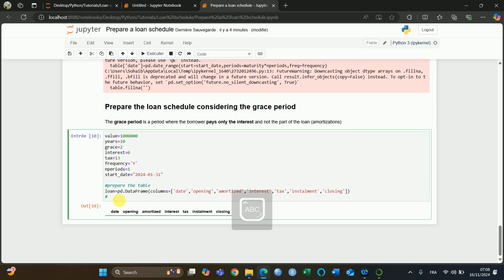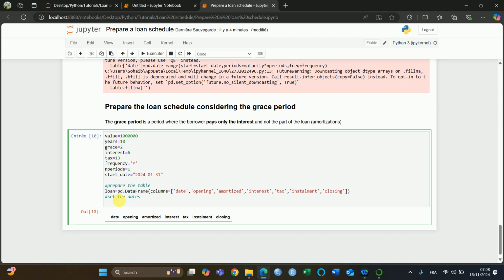Next is to set the dates. So loan, column date, equals pd.date_range, the start equals start date, periods are the years multiplied by the number of periods, and the frequency is Y, which is the year.